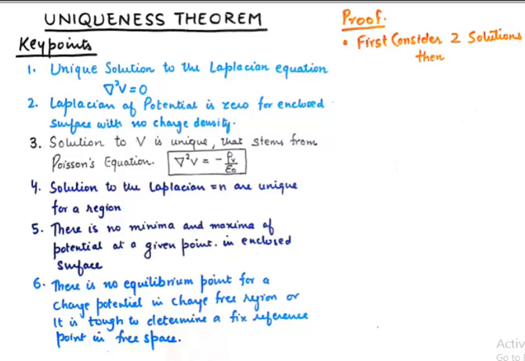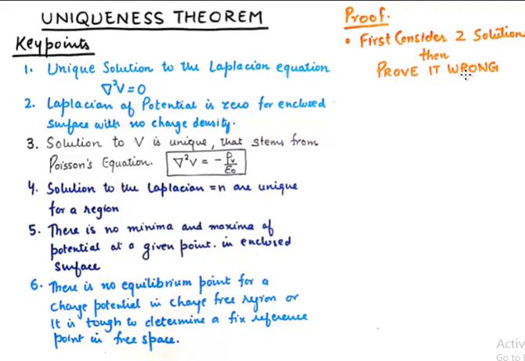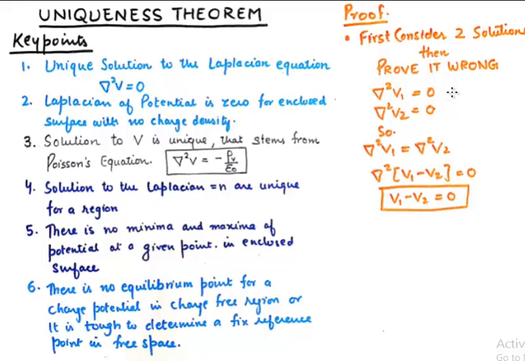If we talk about the proof of this theorem, we need to first consider two solutions and then we'll prove it wrong. We are saying that the solution of this equation is unique, so we'll consider two solutions, V1 and V2, for this equation, and then we'll prove it wrong. And how do we do that? We assume these to be the solutions.